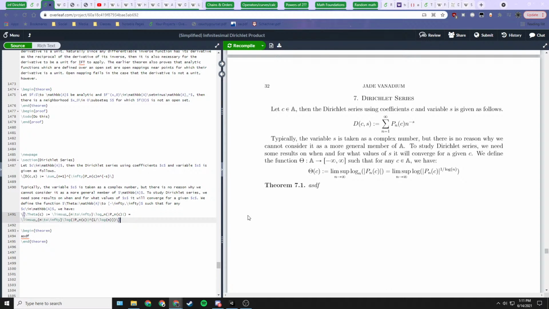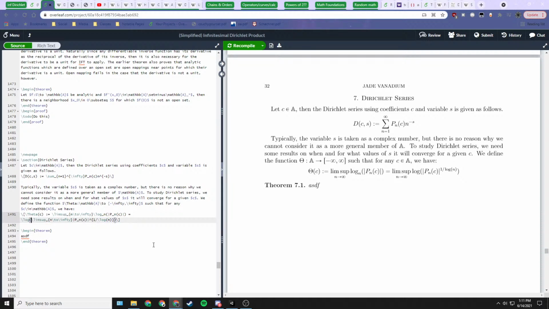There we go. So instead of doing 1 divided by n, we're doing 1 divided by log n, and we're also taking a log. We could also consider this, since log is continuous on the extended real number line from 0 to infinity. So log is a continuous, strictly increasing bijection, which maps 0 to infinity inclusive to minus infinity to infinity inclusive.